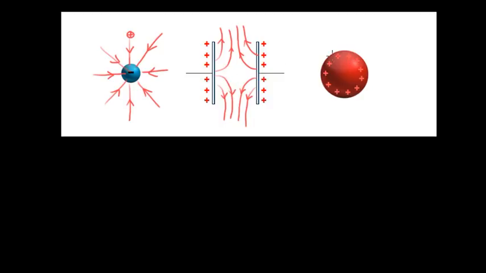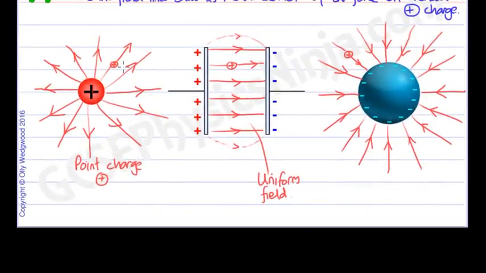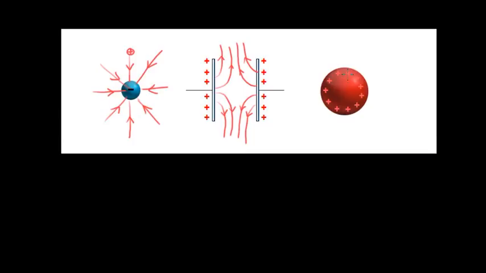Finally, what about a sphere that's positively charged? Well, this is going to be very similar to this case here. In fact, it's going to be exactly the same, except that the sphere is not a point charge, it's just a large object. So we would have the electric field lines radiating away from the center of the charged sphere. So I hope that has made sense.